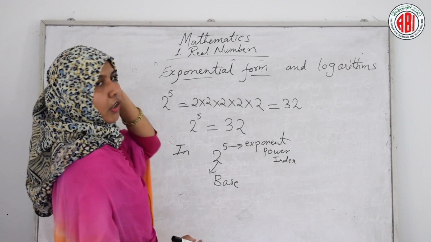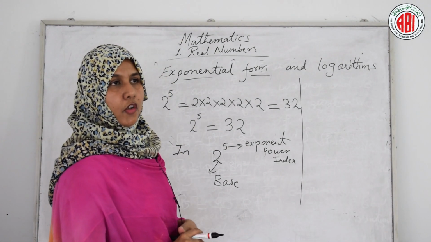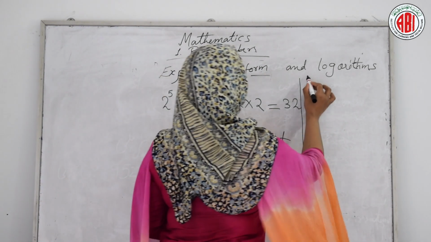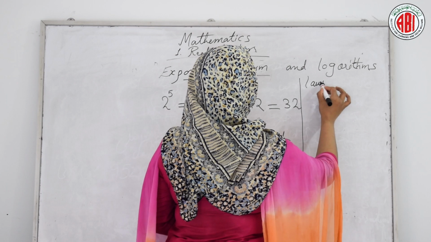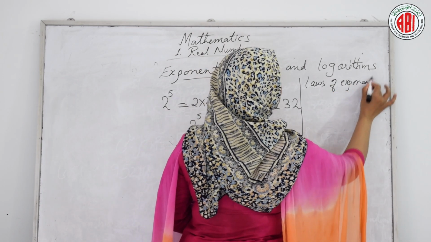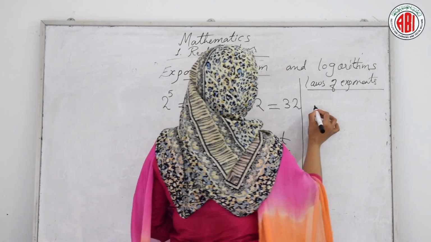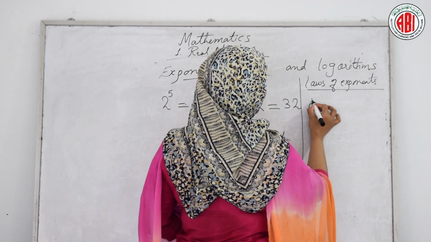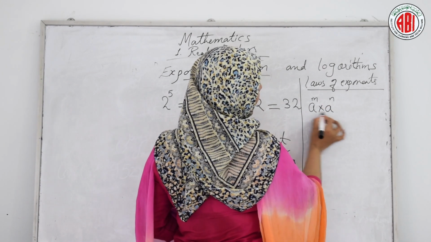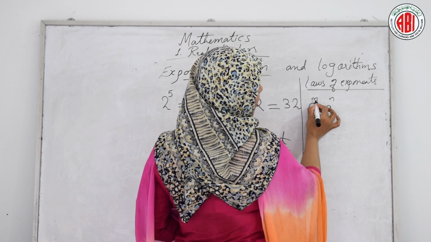Now we have the laws of exponents. Let us recall the laws of exponents. What are the laws of exponents? Suppose a power m into a power n. Here there are two bases, the base is the same, a, and the powers are different.